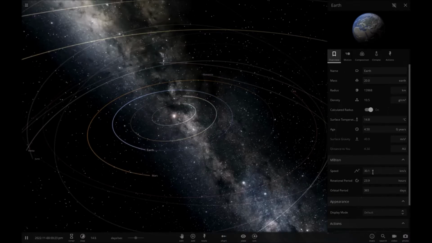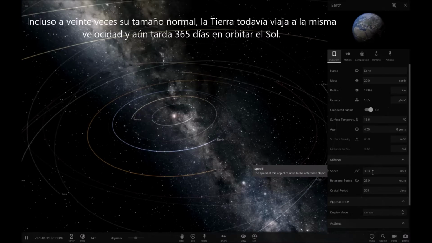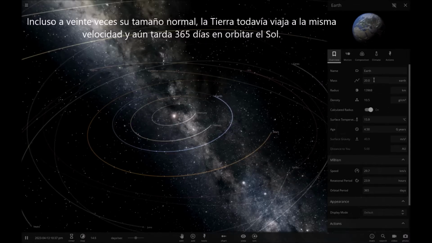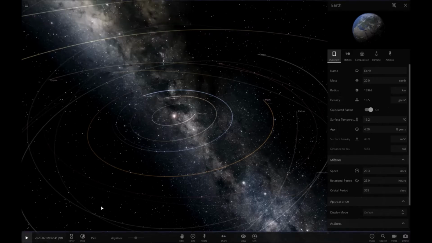And then speed's coming back up, 30.1, 30.2, 30.3, and then it stops. Even at 20 times the mass of the Earth, we're still looking at the same speed and same orbital period. All right, let's change this a little. Let's say we do 100 times. See if that changes anything.